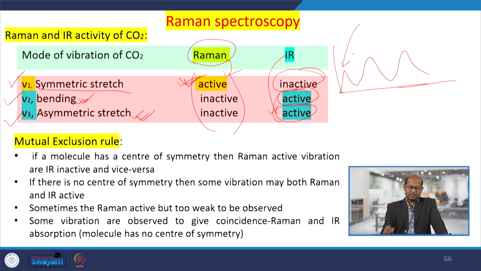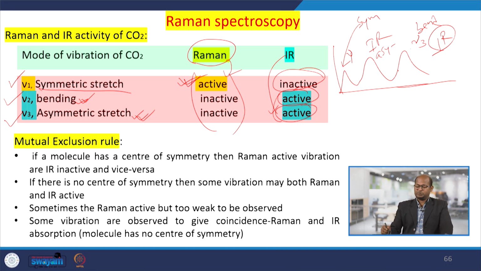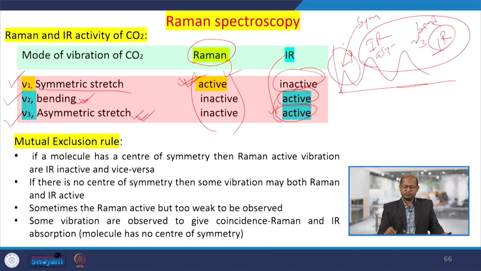From Raman we get the symmetrical stretching; asymmetric stretching we get from IR, and bending we also get from IR. So partial information we can get from IR and partial information from Raman, and once we combine those, we can get the overall structure of the material.